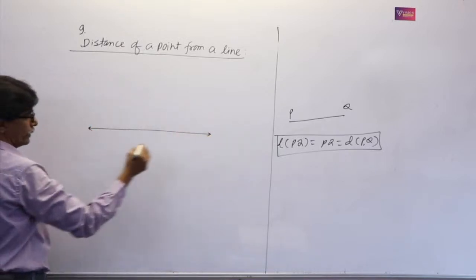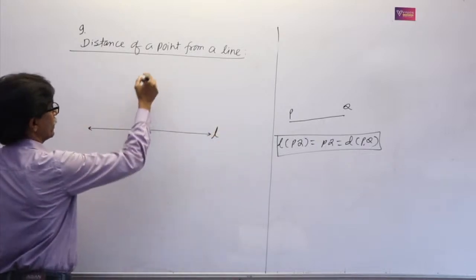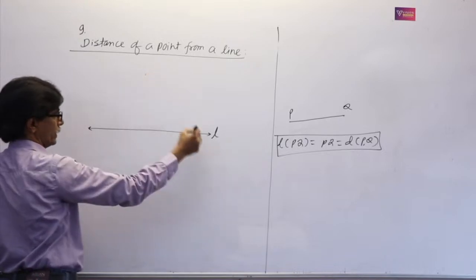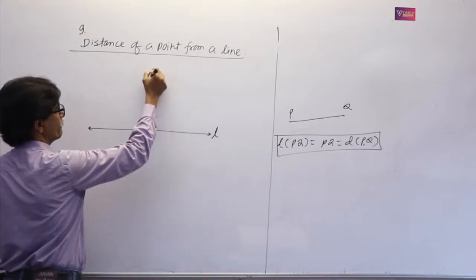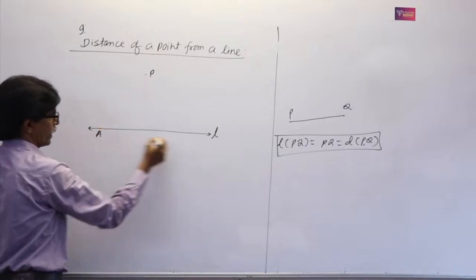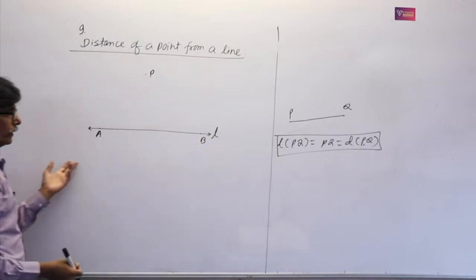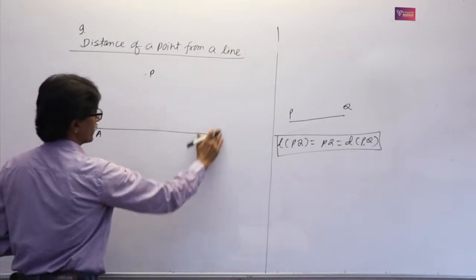This is, suppose, line L. I take another point which is not on the line, that is, suppose, P. I may give the name to the line by two letters also, AB, line AB or line L. You may give any one, two letters or one letter. I have given two letters.